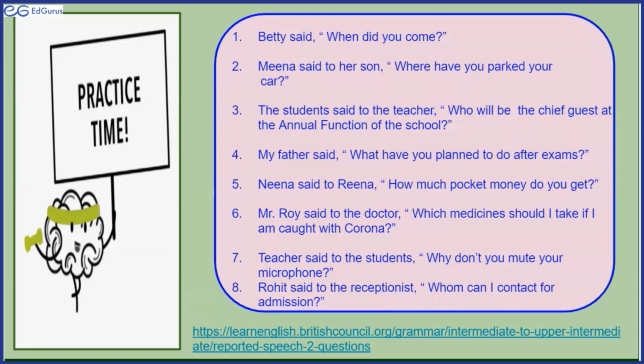Or it could be who the chief guest at the annual function of the school would be. This is also correct. But more appropriate is who the chief guest would be at the annual function of the school. Clear?